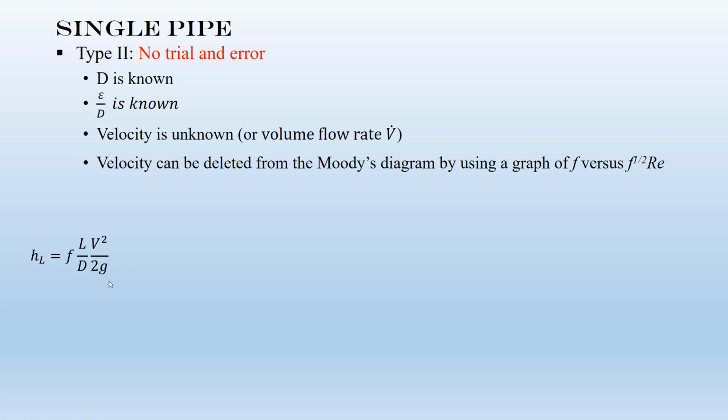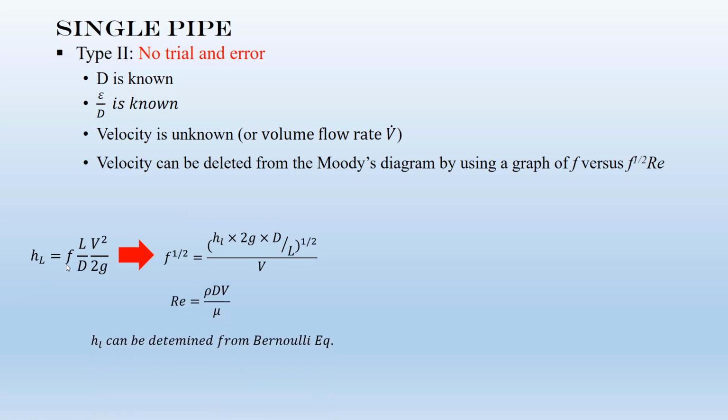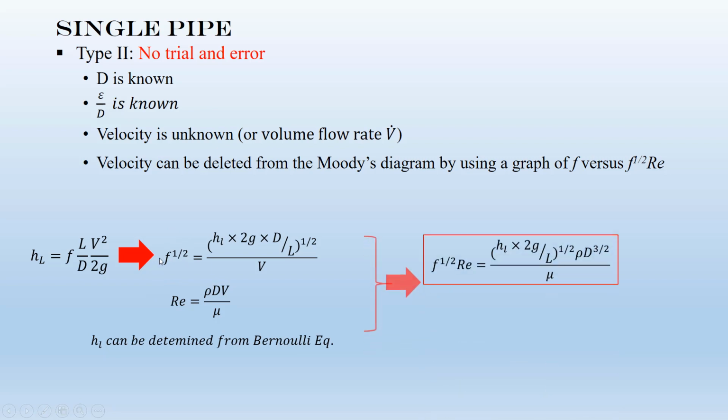Now, from this equation, we can find the square root of f, correct? Now, what's the Reynolds number? You know that the Reynolds number is rho V D over mu. If you multiply the Reynolds number by this product, you can see that you can cancel the velocity from this product.